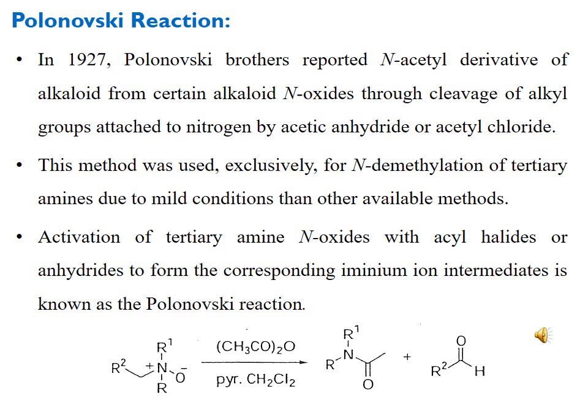These brothers were working on natural product chemistry, and they prepared an acetyl derivative of an alkaloid by using alkaloid N-oxide, and they moved towards the cleavage of alkyl groups attached to the nitrogen, with which oxygen is also attached, and we are naming it N-oxide. They used acetic anhydride or acetyl chloride for this purpose.